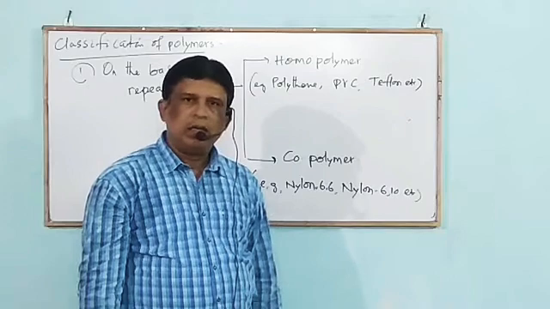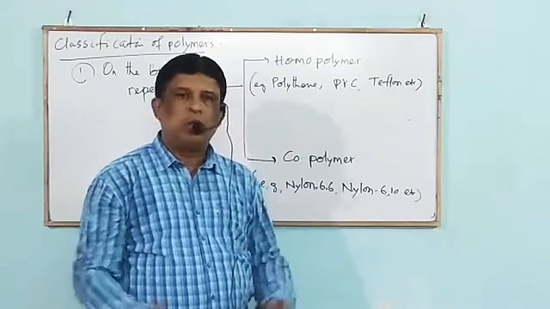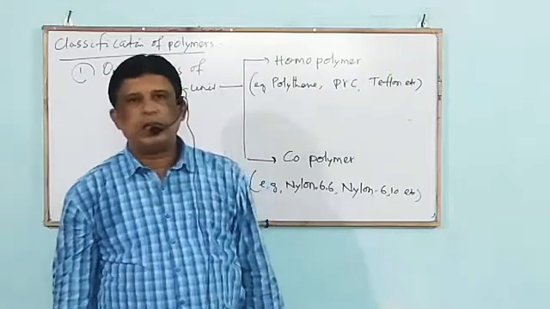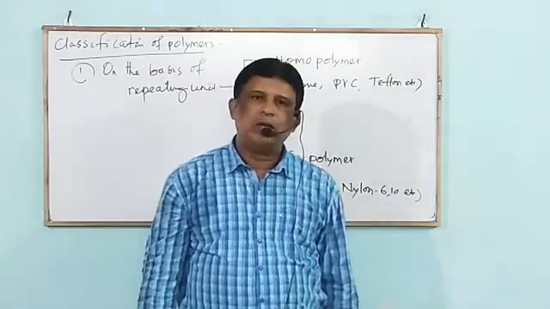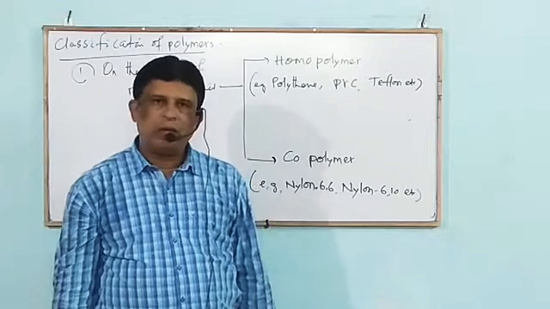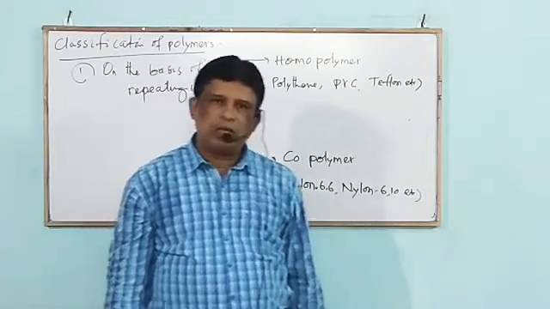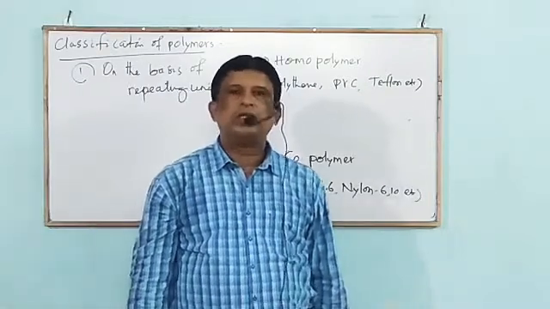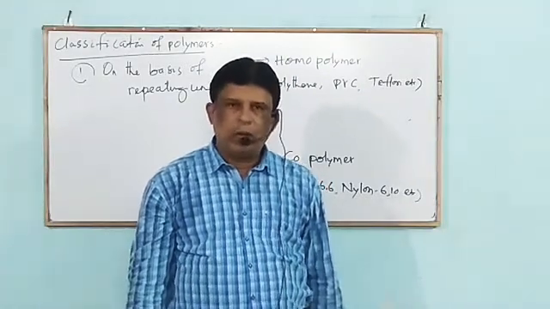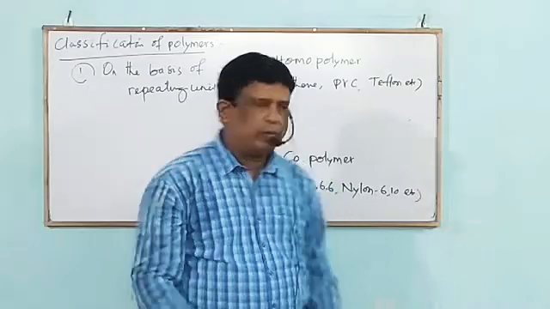Next, on the basis of magnitude of force of attraction, polymers are classified into four types. One is elastomer, second is fiber, third is thermosetting, and fourth is thermoplastic. Elastomer, fiber, thermoplastic, and thermosetting. Mark that.